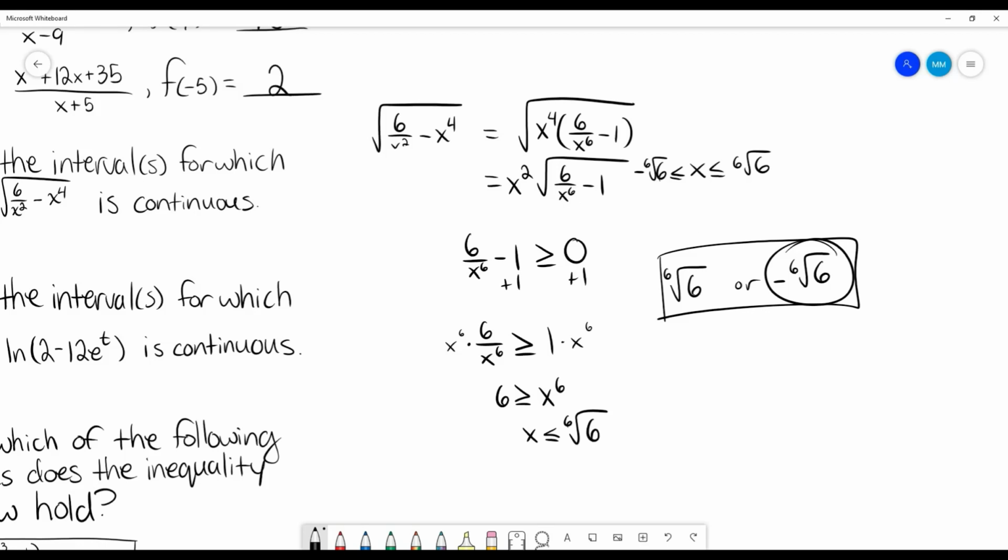But x can also never equal 0, because that would have a 0 in our denominator, which would be messy. So obviously there's a lot of rules at play here. So this tells us that our function is going to be continuous from, that should be a bracket because it is inclusive. So we include that. We don't include that.